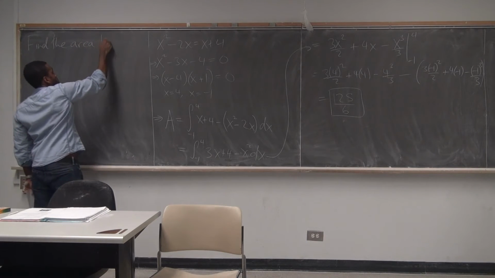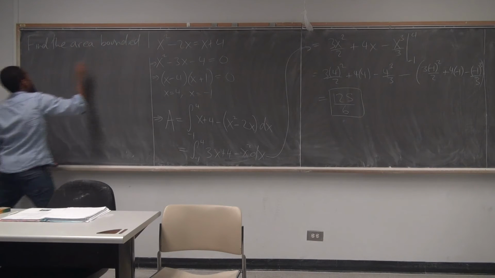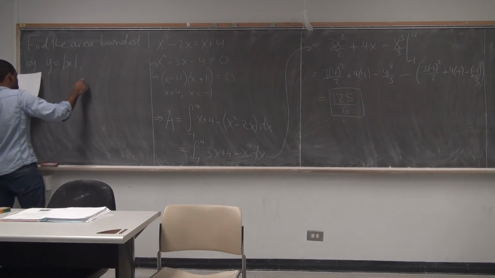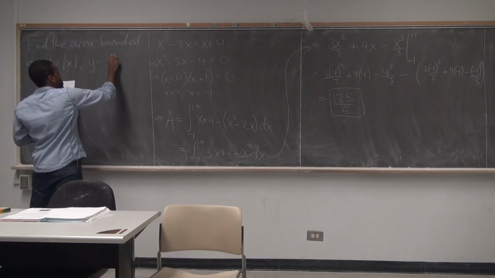Find the area bounded by y equals absolute value of x and y equals x squared minus 2.